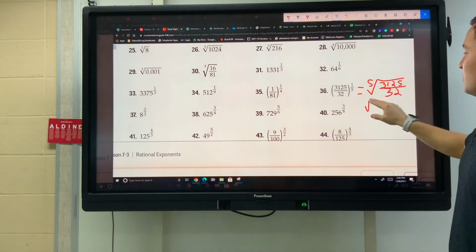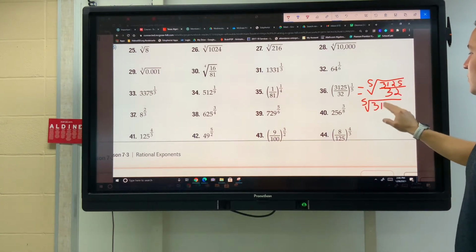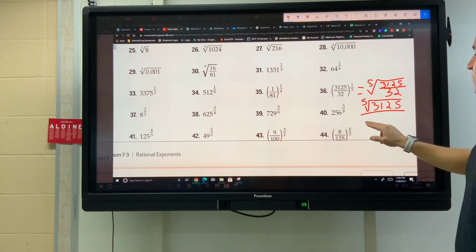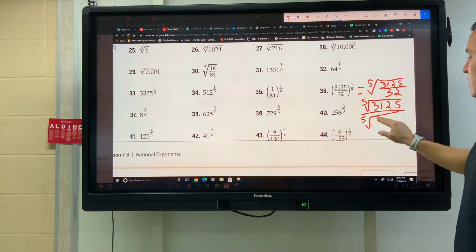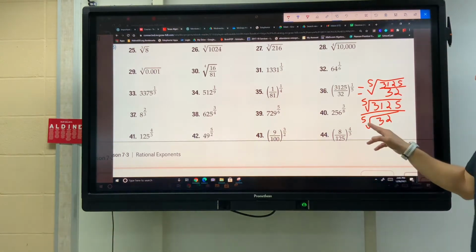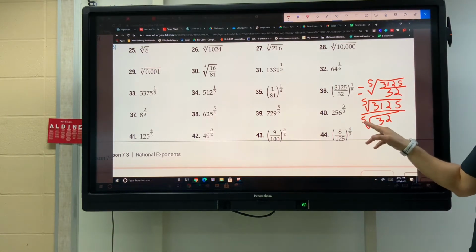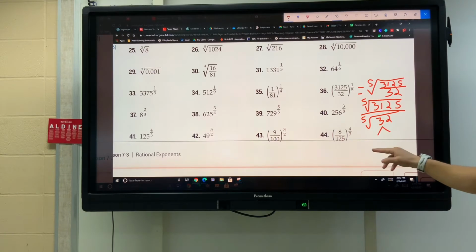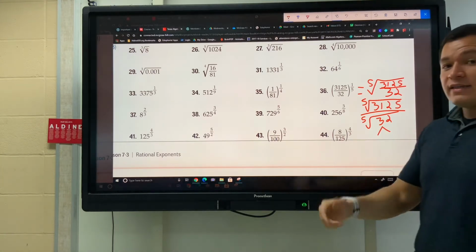We can split it to be the 5th root of 3125 and the 5th root of 32. Whenever we see this 5 for the type of root, that means we need to split this 32 up, and our goal is to get 5 of a kind.